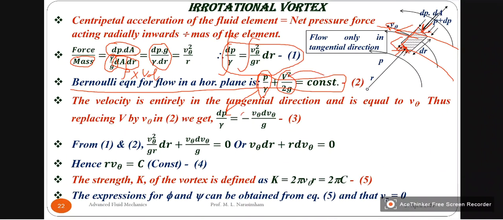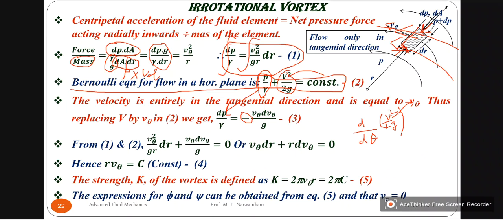Differential d by d theta of v square by 2g, and here v is v theta, because the entire velocity is along the tangential direction.